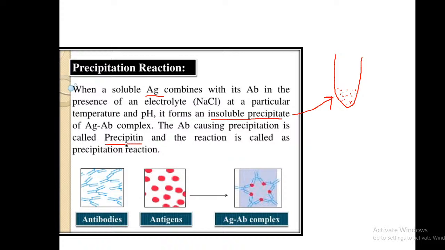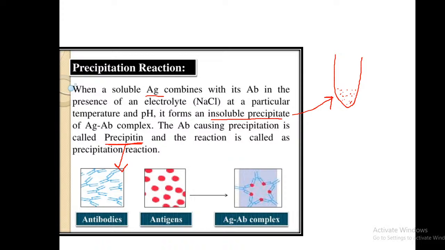For example, in this picture you can see antibody, antigen and antigen antibody complex. In this picture the antibody which is responsible for this is this. So that is known as precipitin. The antibody that causes the precipitation reaction is called precipitin.